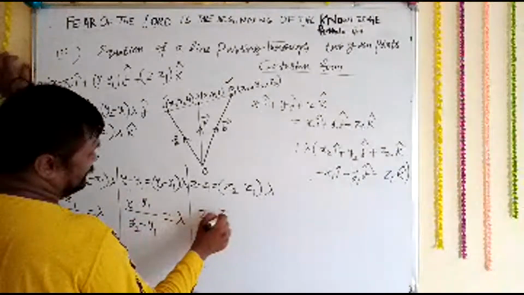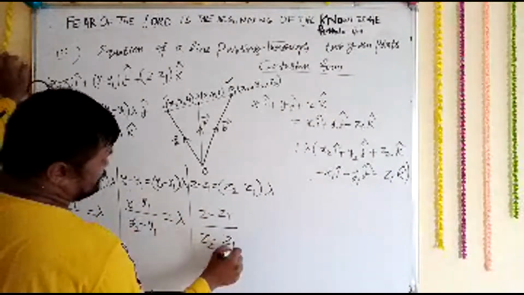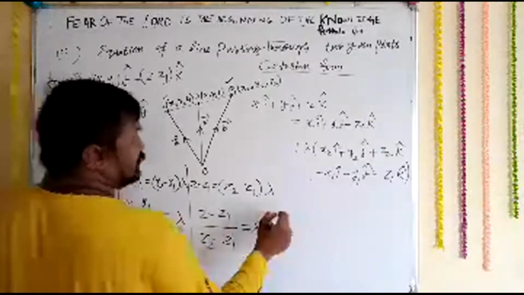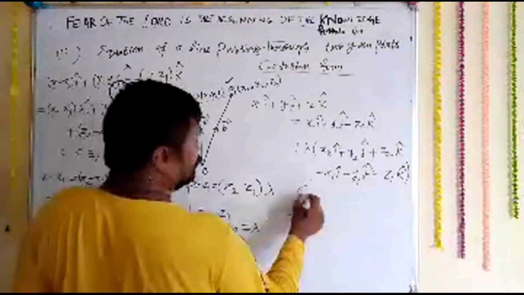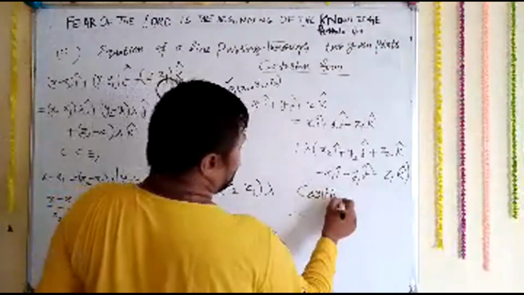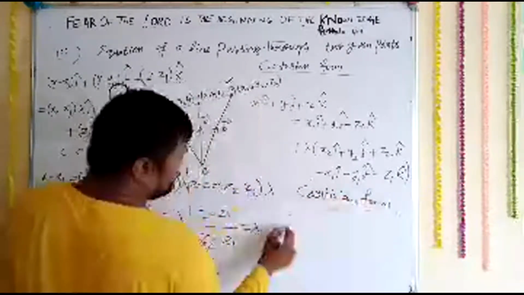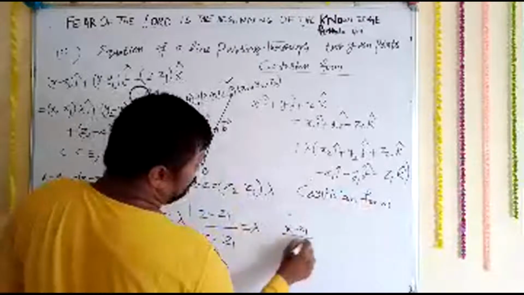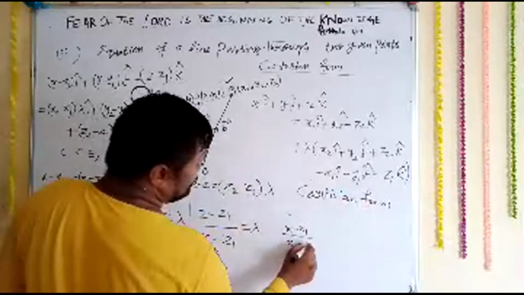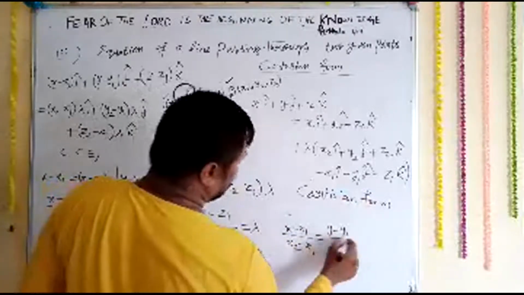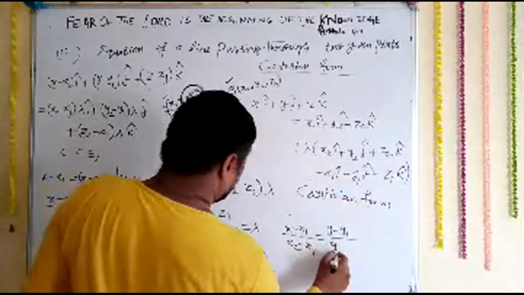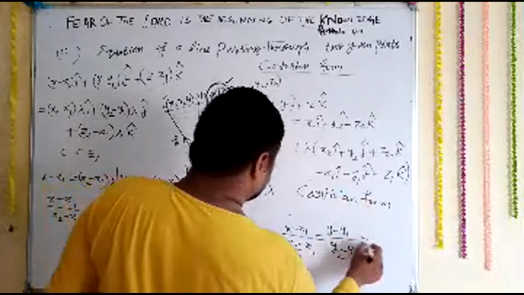At last, therefore, the Cartesian form: (x minus x1) upon (x2 minus x1) is equal to (y minus y1) upon (y2 minus y1), that is equal to (z minus z1) upon (z2 minus z1), which is equal to lambda.